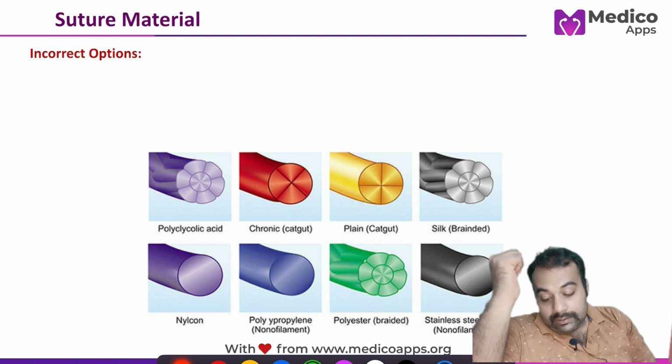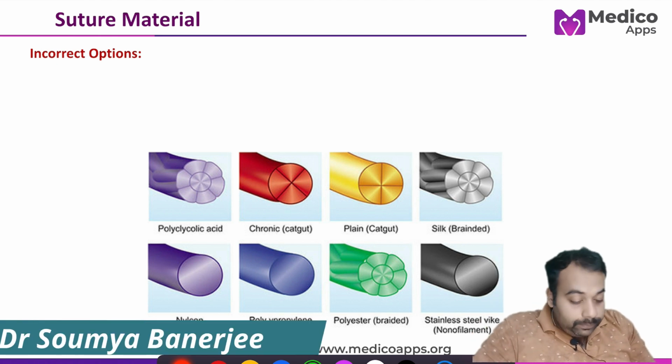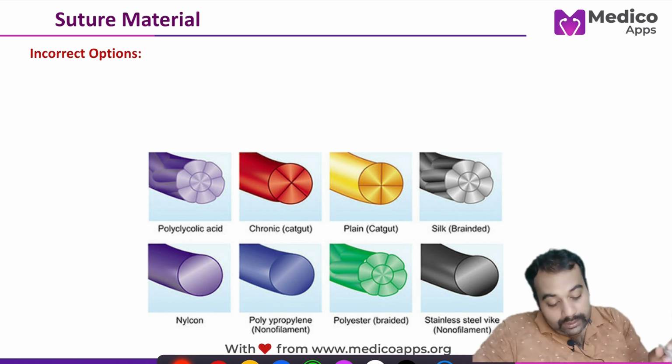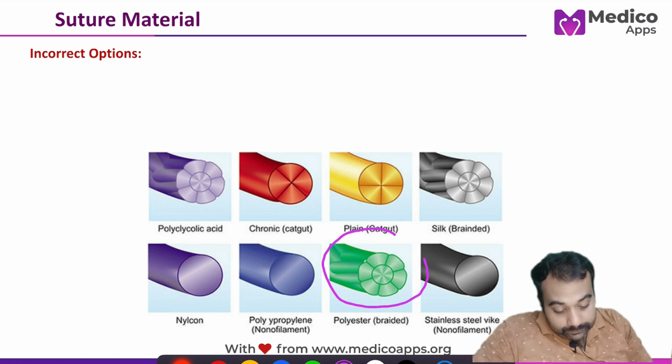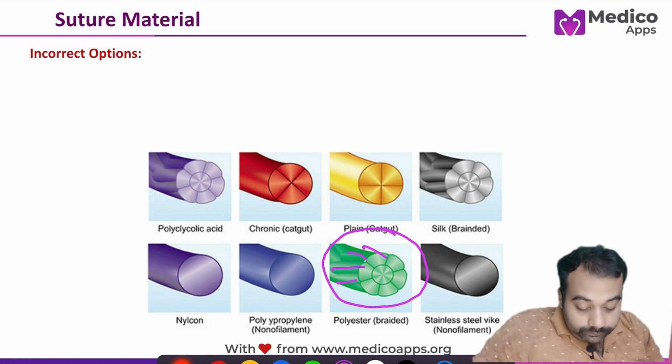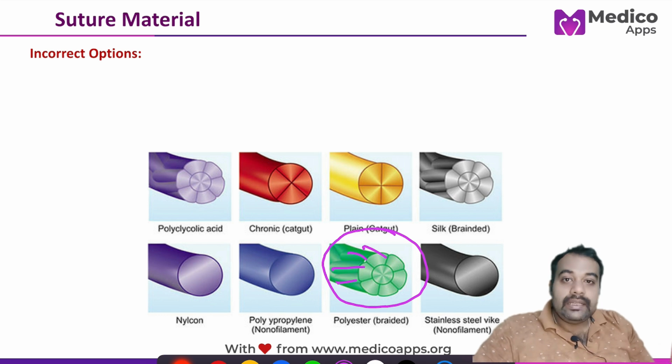Here is a beautiful image depiction for you guys, so let's try to understand. This one here is braided, right? You can easily see there are multiple filaments associated in the same suture.